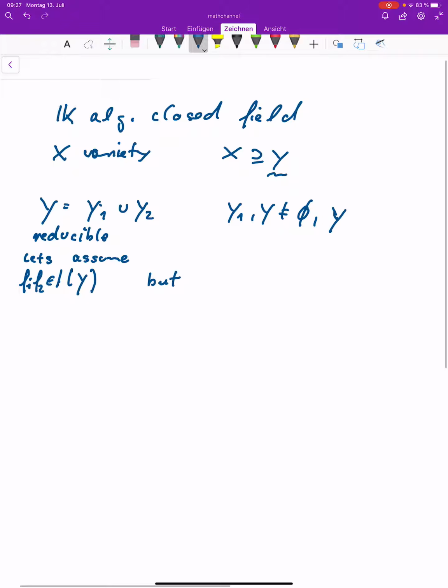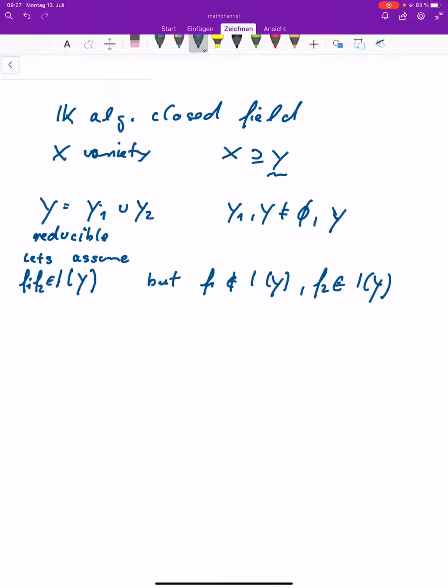But f1 is not an element of I of Y, and neither is f2.